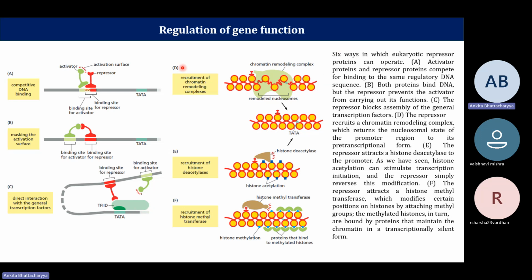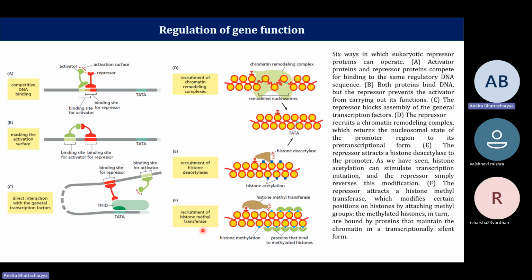There can be recruitment of some chromatin remodelers which wrap up these sites and prevent transcription from proceeding. There can be histone deacetylation, which can be carried out by HDACs or deacetylases, which wind up the DNA further and prevent its expression from taking place.